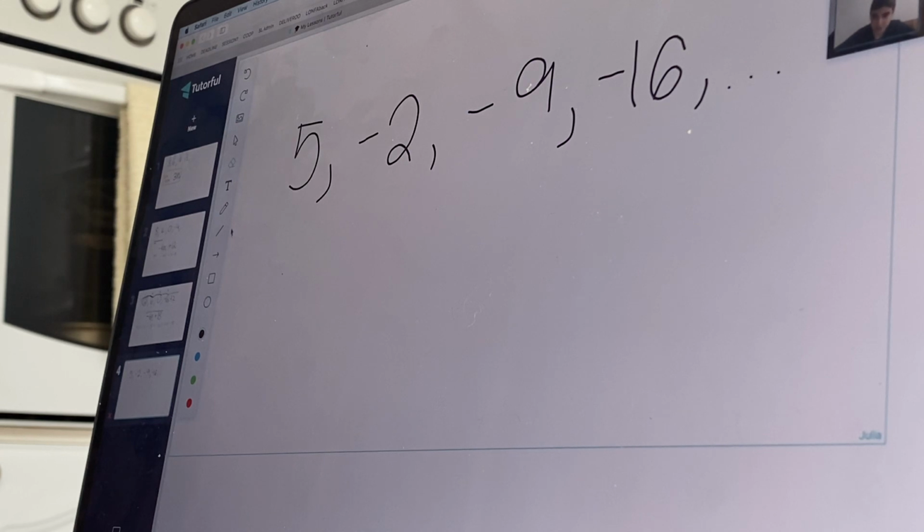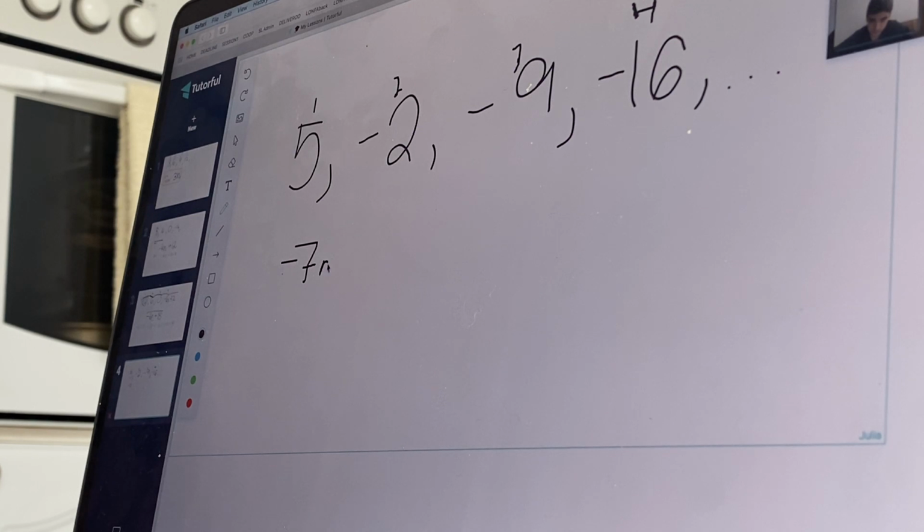So let me just label 1, 2, 3, and 4. Yeah, good. So before we try and find different terms, let's find the nth term first. So follow the rules that we were using before to find the nth term. 5. We know that. So start with the term-to-term rule. Negative 7n. Yeah, each time we're taking away 7.